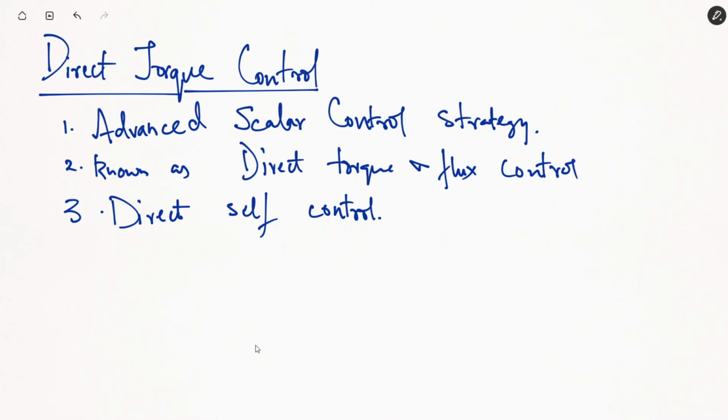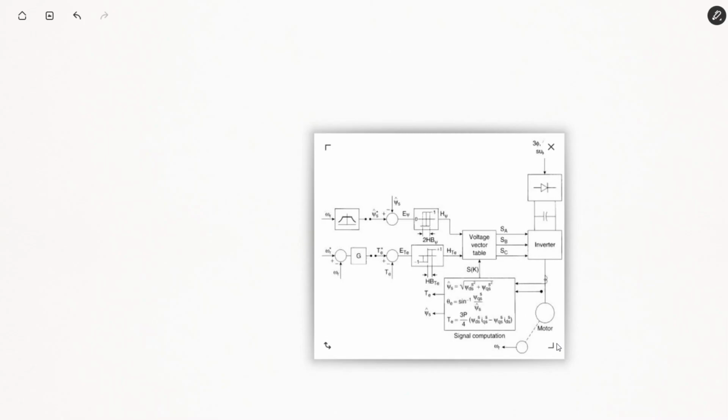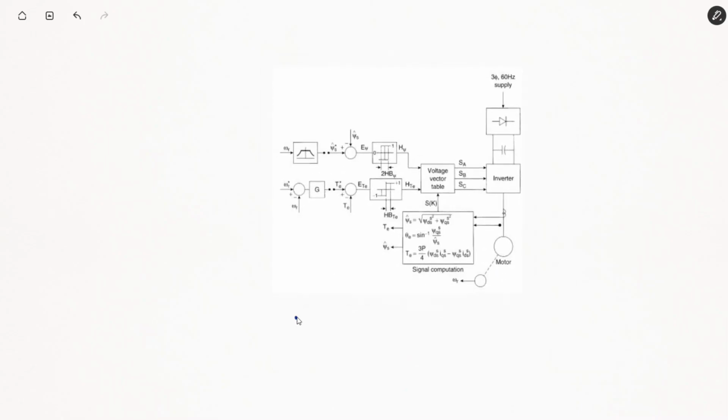Fine. So this is the basic block diagram of a direct torque control. Using the motor's parameters, we are calculating the values of torque and stator flux.